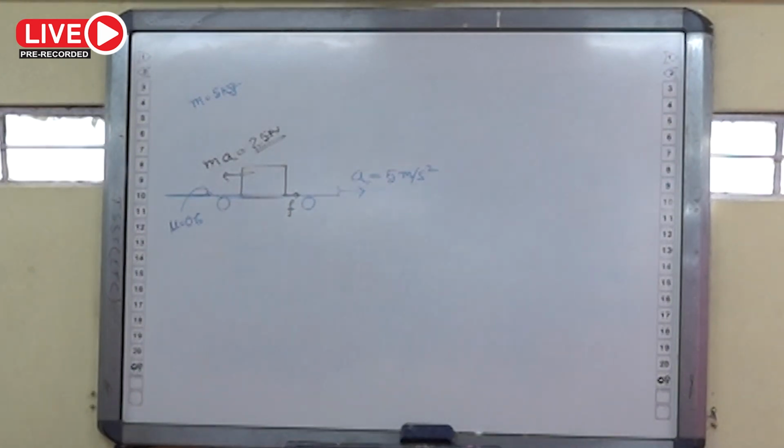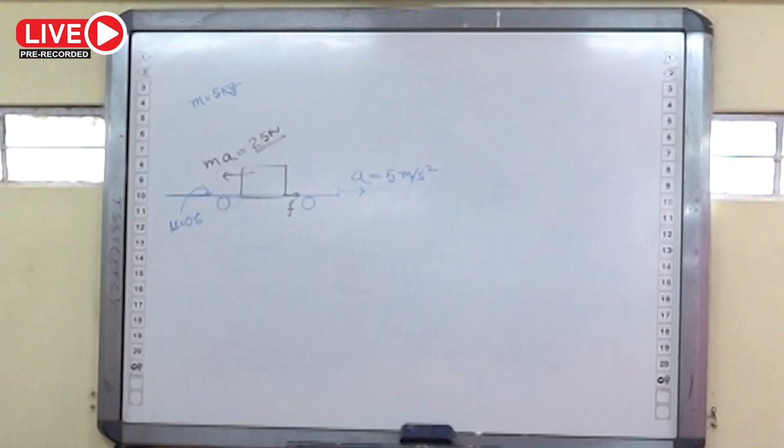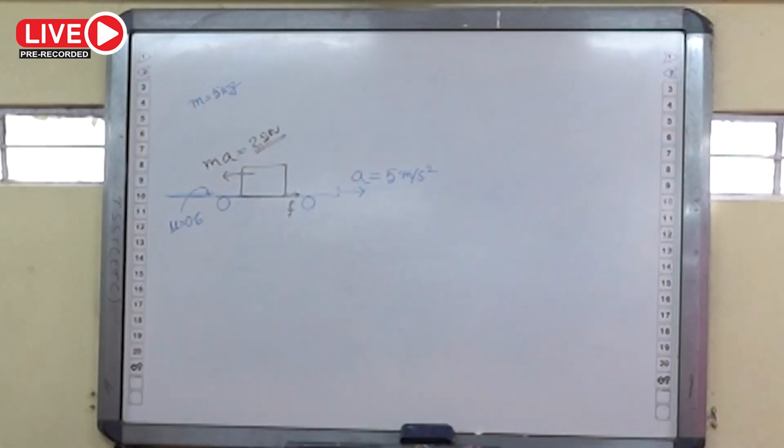Mu is given, the coefficient of static friction is given, so calculate the friction force. What will be the value of friction force in this case? Calculate and tell me the value of the friction force. Is it mu mg? The friction force acting on the block, is it mu mg?